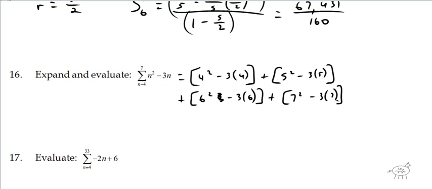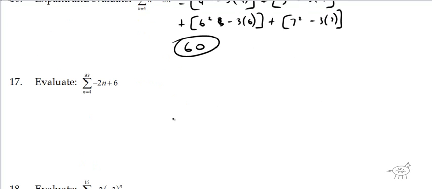Okay, it's really pretty easy, right? And I multiply all that out, so that's expanded, multiply it all out, and I get 60. That's evaluated.